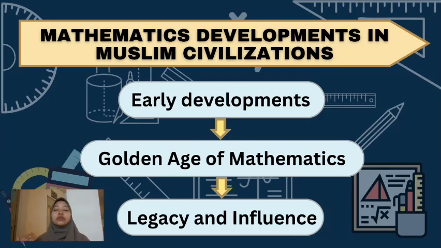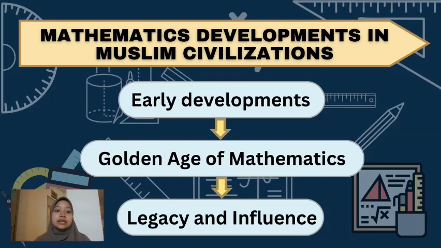Next, for the golden age of mathematics, the period between the 8th and 18th centuries is often referred to as the golden age of mathematics in the Muslim world. During this time, scholars such as Al-Kindi, Al-Farabi, and Ibn al-Haytham made significant contributions to fields such as geometry, optics, and astronomy.